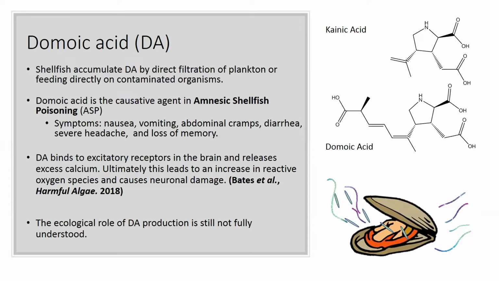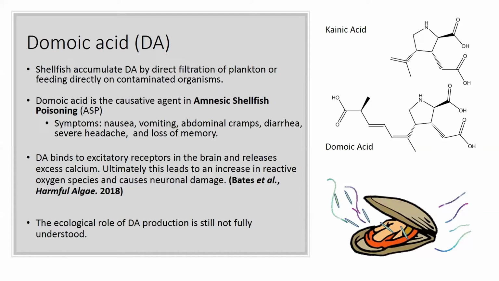And so the domoic acid causes this poisoning, what's been referred to as amnesic shellfish poisoning, or ASP. The symptoms include nausea, vomiting, abdominal cramps, diarrhea, severe headache, and loss of memory, giving it the term amnesic. And there's a very interesting mechanism of action, which I will explain on a later slide.